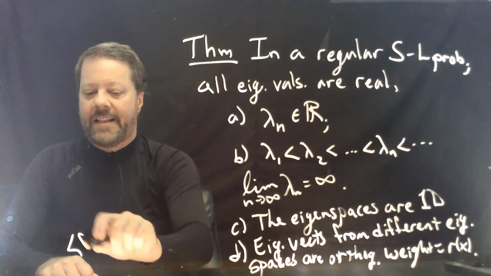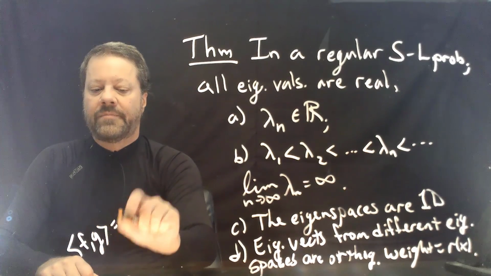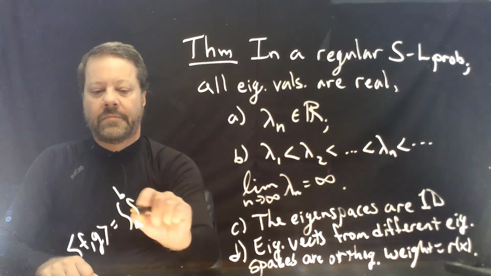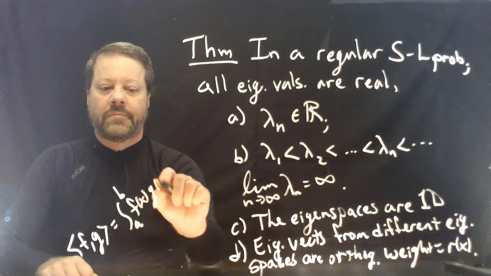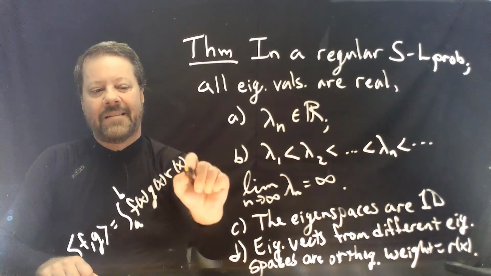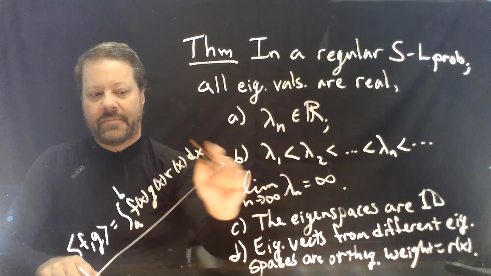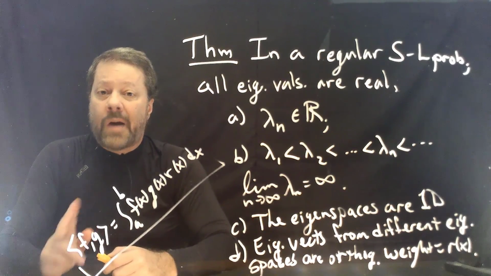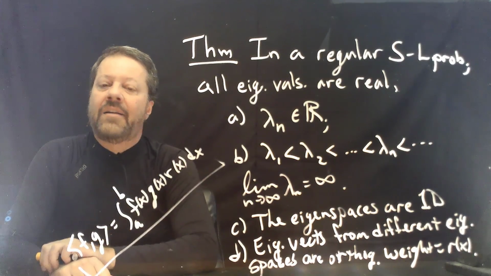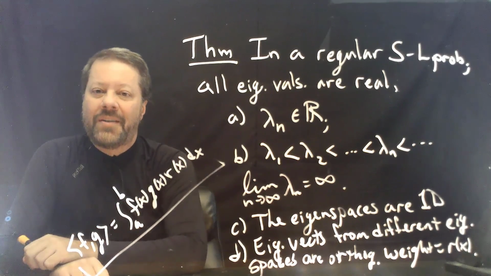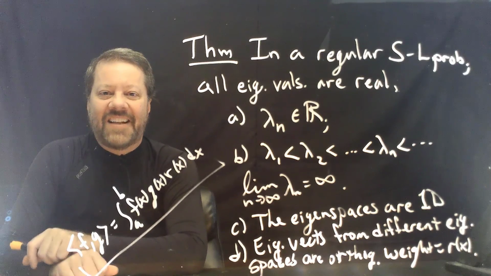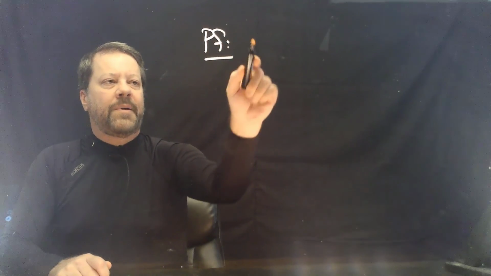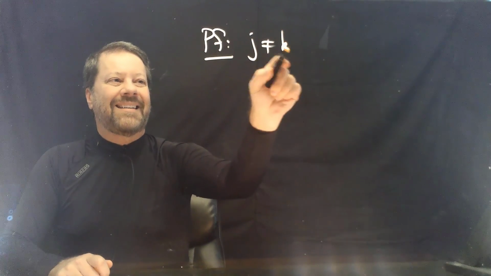So if we take the inner product of f and g, we'll have this weight r of x. Note how the original Sturm-Liouville problem is telling us exactly what weight to use on our inner product, and that's very convenient. In our proof, let's suppose that j is not k.